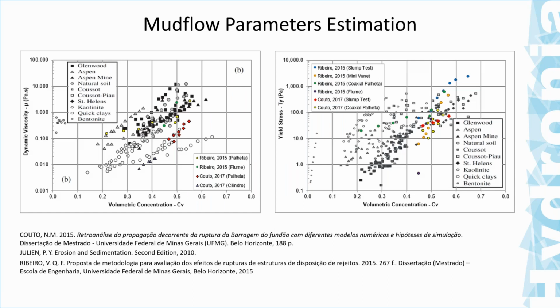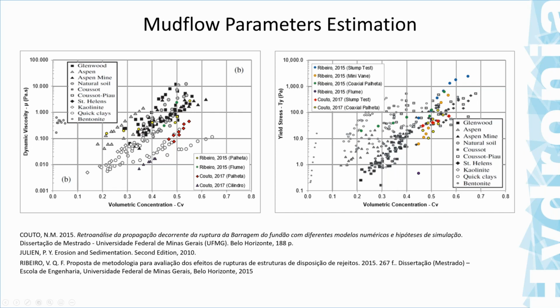Now, this is very important because in many applications, even though sometimes you can make the assumption that the viscosity and yield stress remain constant through your simulation, there are many instances where that doesn't happen. And you have to account for that variation of yield stress and viscosity and density with the volume concentration. If your volume concentration is changing, you can see here, this is experimental data.